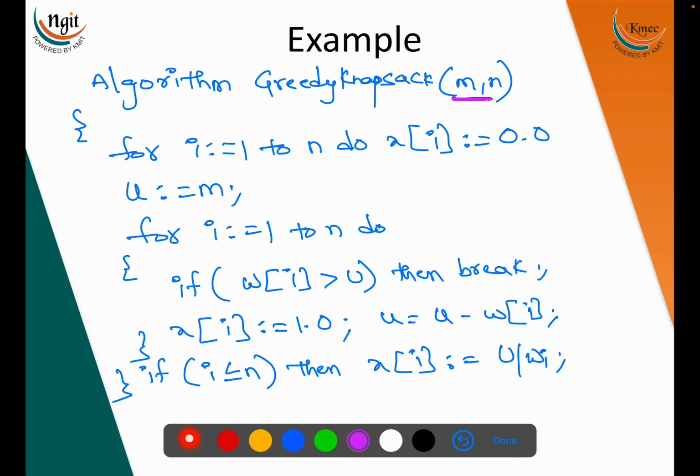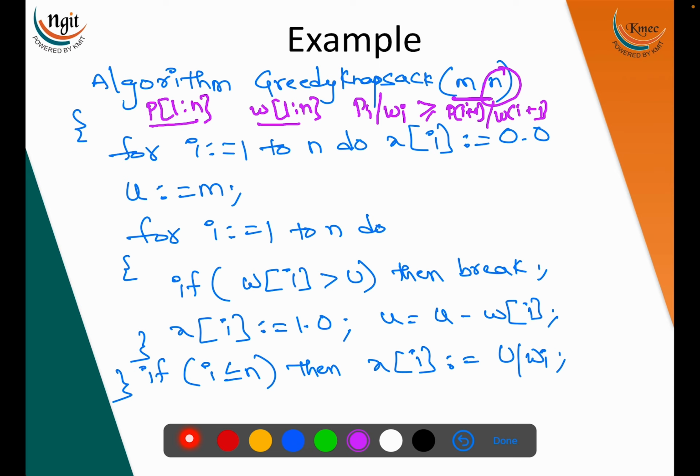I'm taking p[1..n] as an array and w[1..n] as another array, which contain the profits and weights respectively of the n objects, ordered such that pi by wi is greater than or equal to pi plus 1 by wi plus 1.